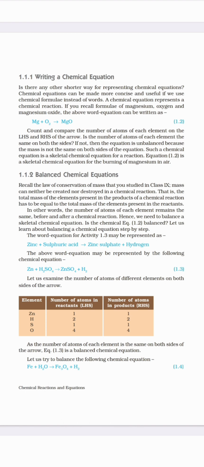Our first task is to balance it, because we cannot write an unbalanced equation, since the mass of the elements is not the same on both sides.